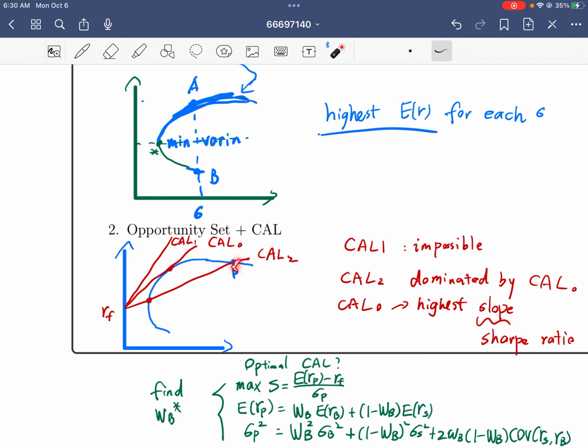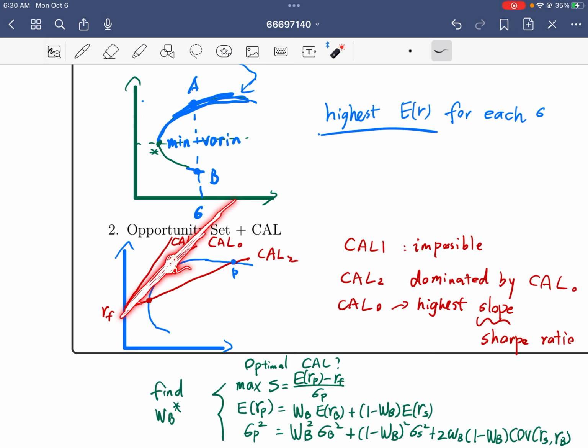Then, as we talked about earlier, we can connect the portfolio and the risk-free point together to construct our capital allocation line. For the portfolios on the opportunity set, we can find one optimal portfolio that gives us the highest slope.